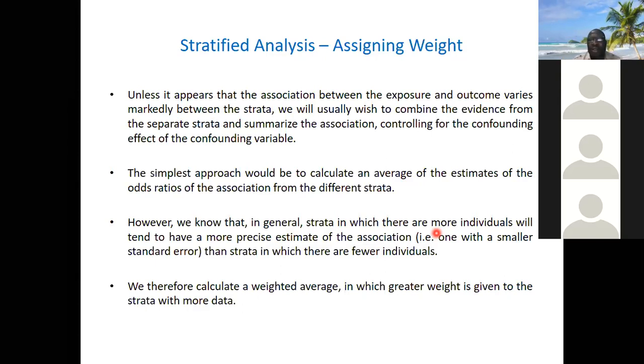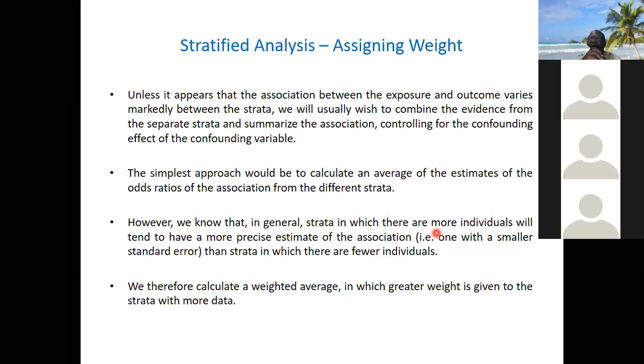Unless it appears that the association between the exposure and outcome varies markedly between strata, we usually wish to combine the evidence from the separate strata and summarize the association, controlling for the confounding effect of the confounding variable. The simplest approach would be to calculate an average of the estimates of the odds ratio from the different strata.